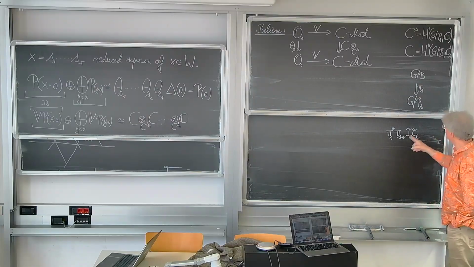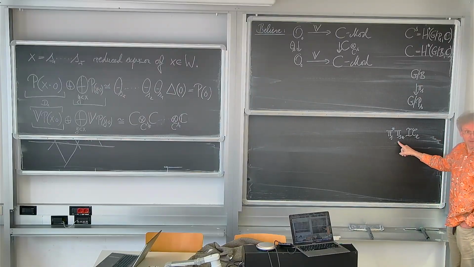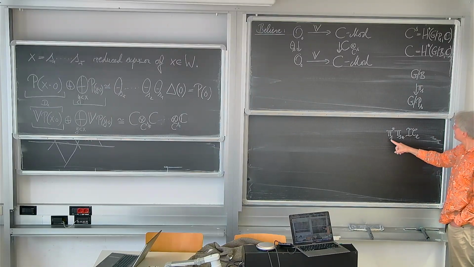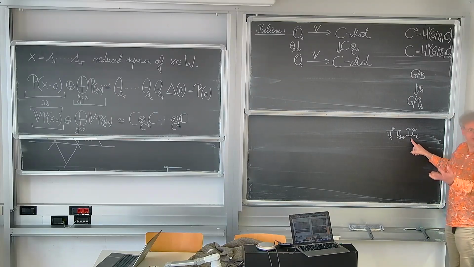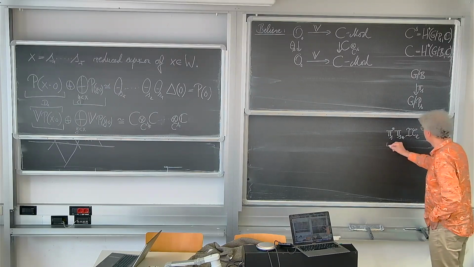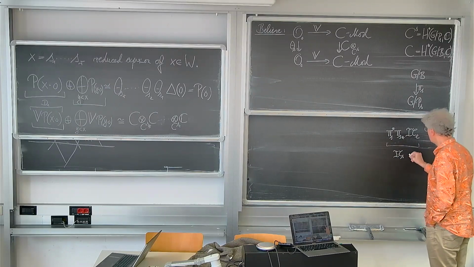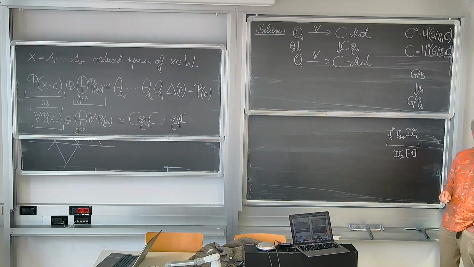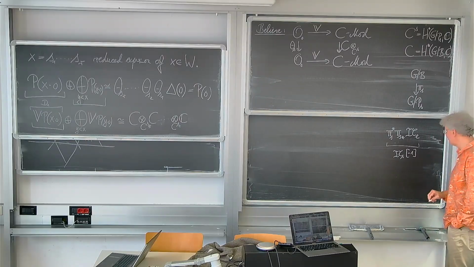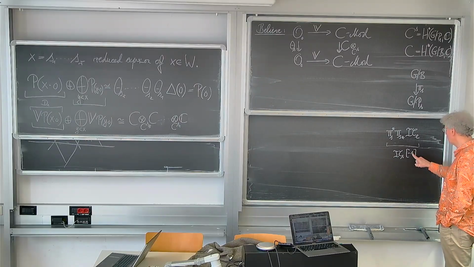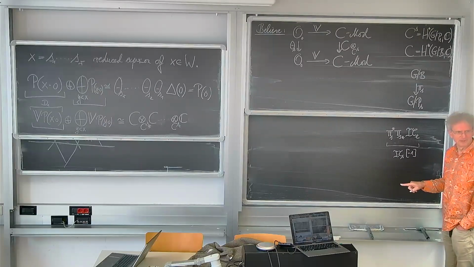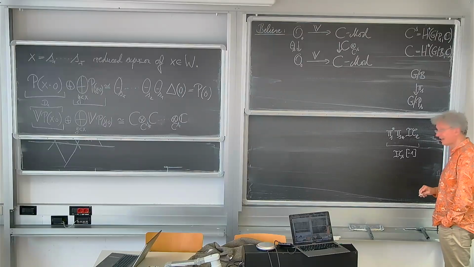So we push it down and we pull it up again. And then we get the IC complex for S. If I recall correctly, maybe it was minus 2. No, it wasn't. It was minus 1, I think.